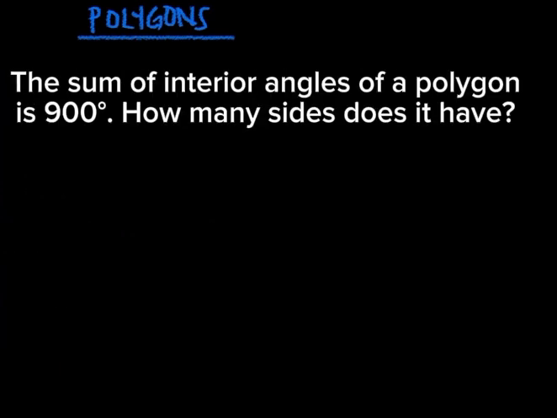Now, what if you had a question like this? The sum of interior angles of a polygon is 900 degrees. How many sides does it have? Notice that in this question, we're not given the number of sides of the polygon. So the first thing we'll do is to write out our formula, which is the sum of angles of a polygon is equal to (n - 2) times 180 degrees.